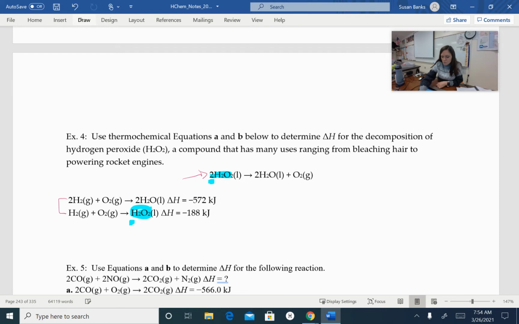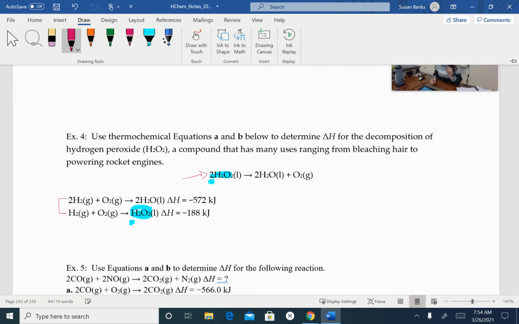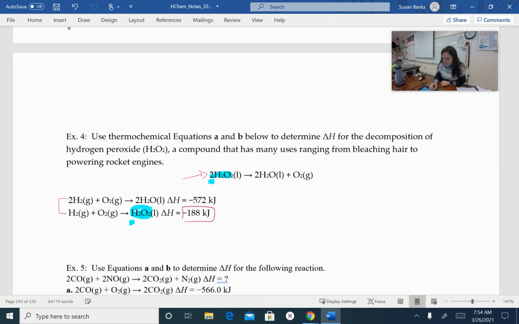So we're going to flip this equation and double it, which also means I am going to have to change this. When I flip this around, I'm going to have to change it to positive and multiply it by 2, because if I remember, the reverse reaction is just the negative of the delta H. So I'm going to write this double, but backwards.